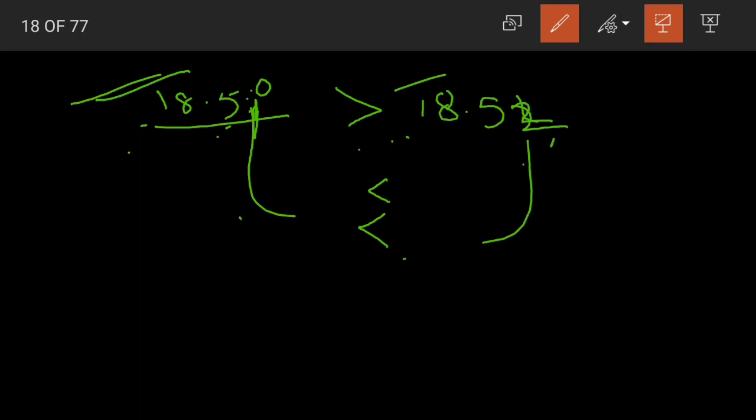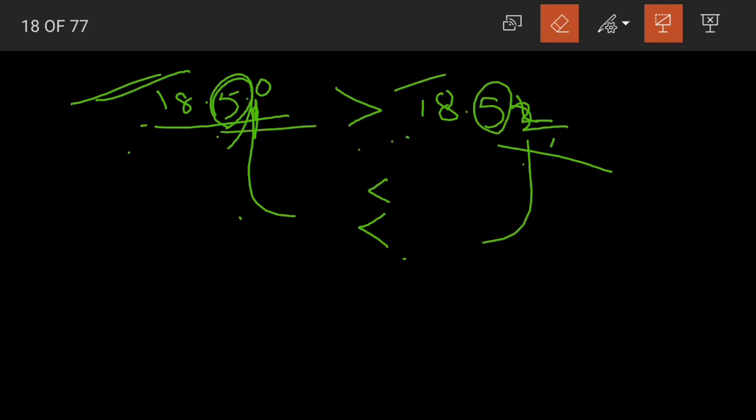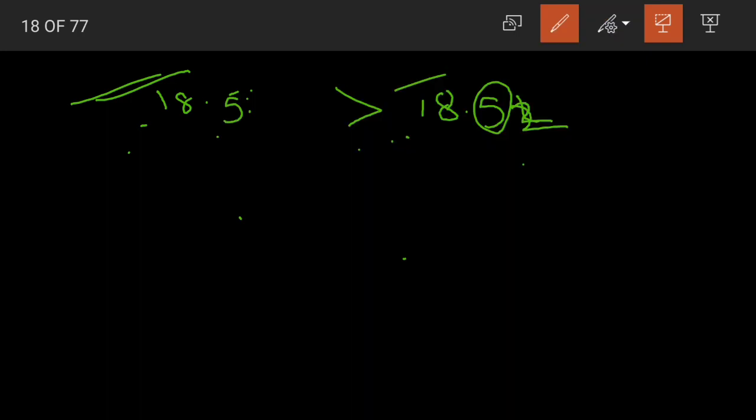If you do not want to convert them into like decimals, only compare the digits in the same place. These are the two ways. One, you can convert them into like decimals and compare directly. If we convert this into like decimals, we had 18.5, here we are having 18.52, so it will become 18.50.